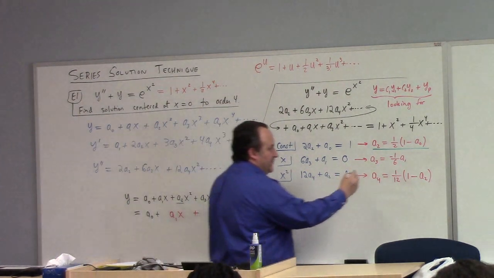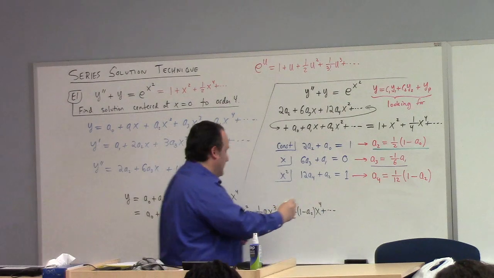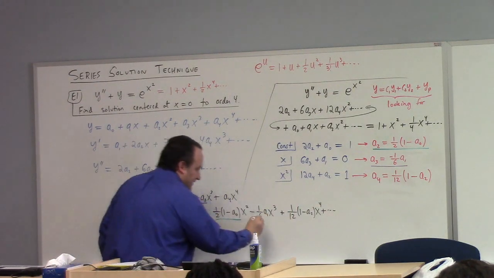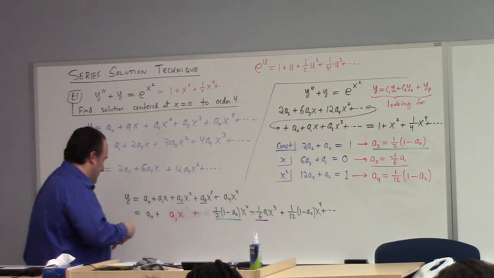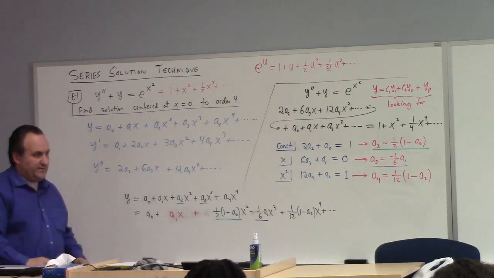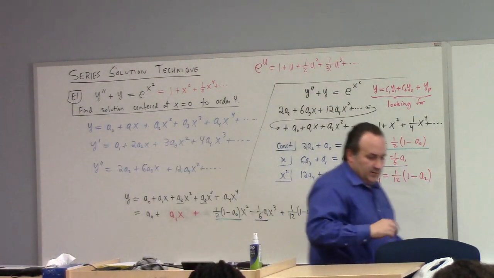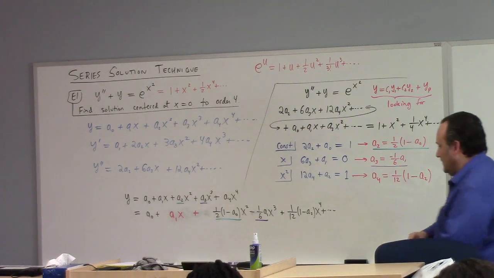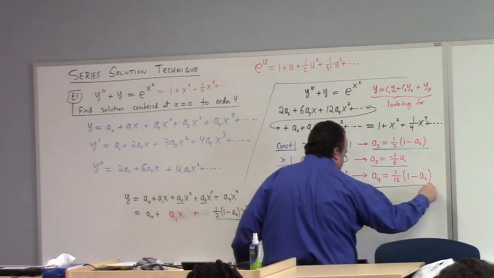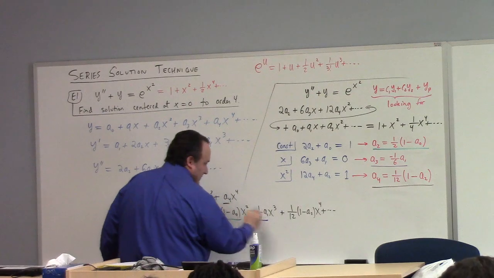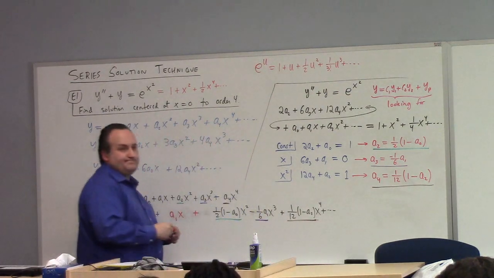This is my A3 formula. So I'm taking this term right here and I'm replacing it with that, right? Let me find another color. A4 is this, so I'm replacing that with that.